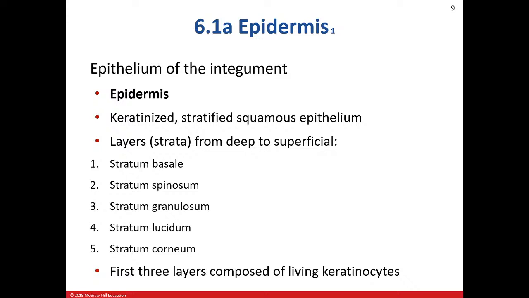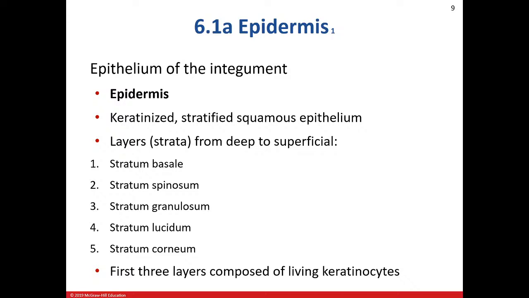All right. So the 5 layers of the epidermis, from deep to superficial, we're going from bottom to top, okay, are the stratum. By the way, stratum means layer, right? So stratum basale, spinosum, granulosum, lucidum, and corneum.